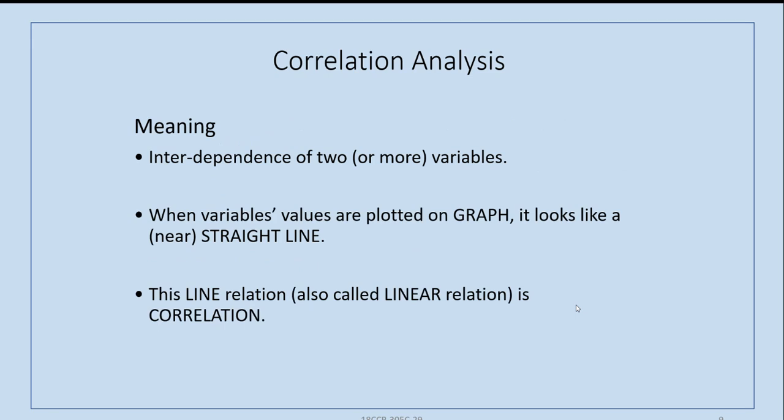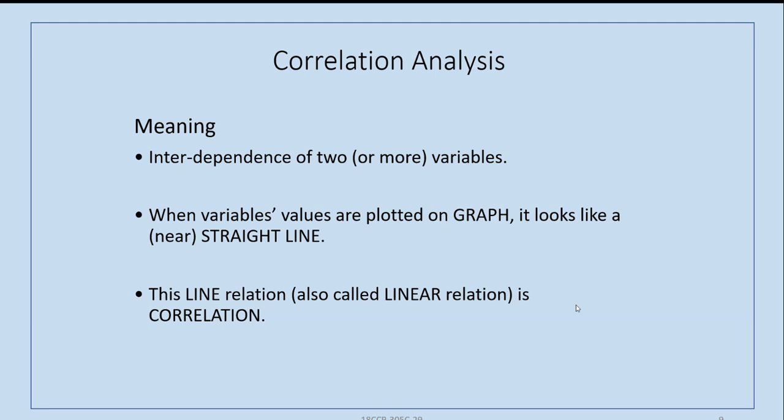Now we'll see what is the meaning of correlation. Interdependence of two or more variables. Those two or more variables should be dependent on each other. That is the meaning. If two variables are there, two variables should depend on one another. If more variables are there, variables should depend on one another. All the three or four variables must be dependent on one another.